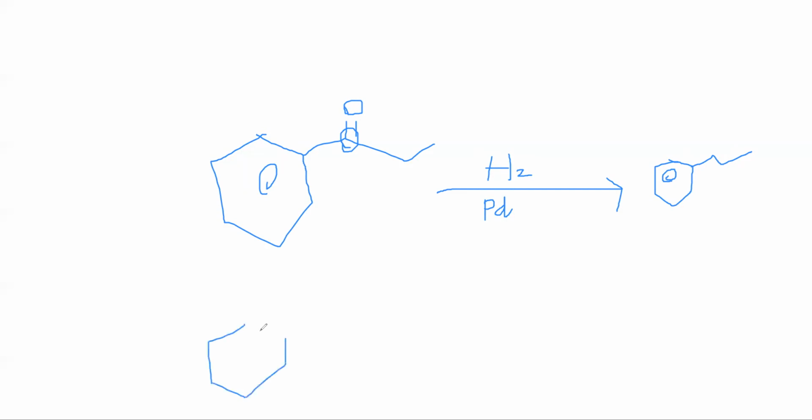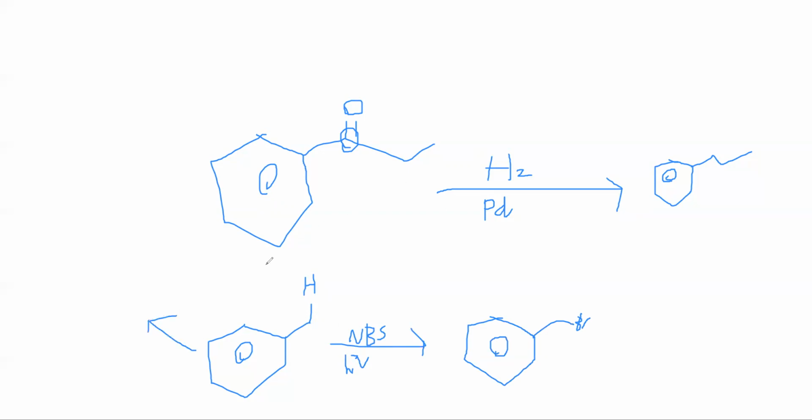If you have a benzylic hydrogen, again, benzylic is just this spot right next to the benzene ring, and you react something that has at least one benzylic hydrogen with NBS and light, this does a radical reaction that I'm not going to cover the details of, but it just ends up replacing one of the hydrogens with a bromine at the benzylic position, and then you could do more stuff with that bromine.